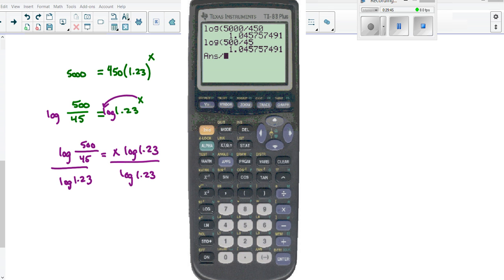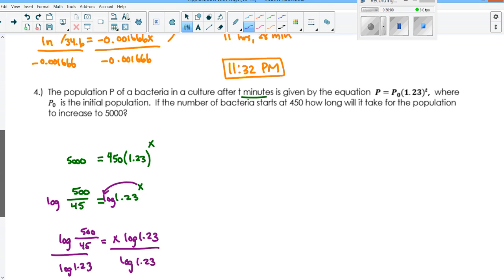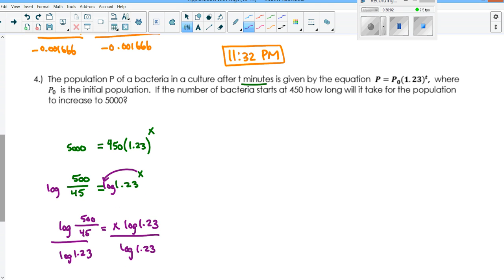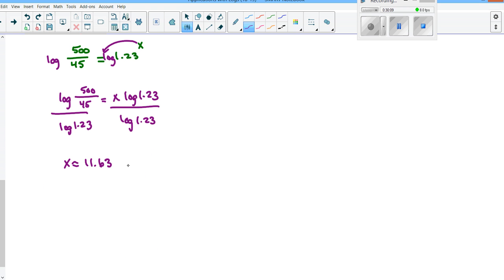But I'm taking that answer and dividing by the log of 1.23, and I get that x is about 11.63, and I can't remember what this problem was asking. This was in minutes, and it says how long will it take for the population to increase. So it'll take about 11.63 minutes. It's quick. Okay, and then that's it.